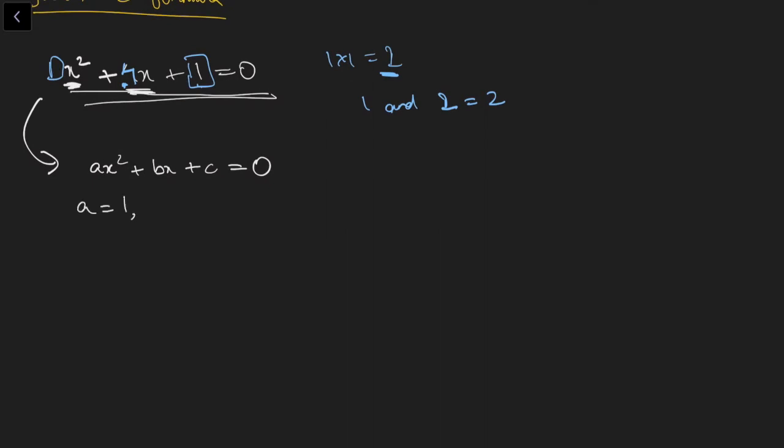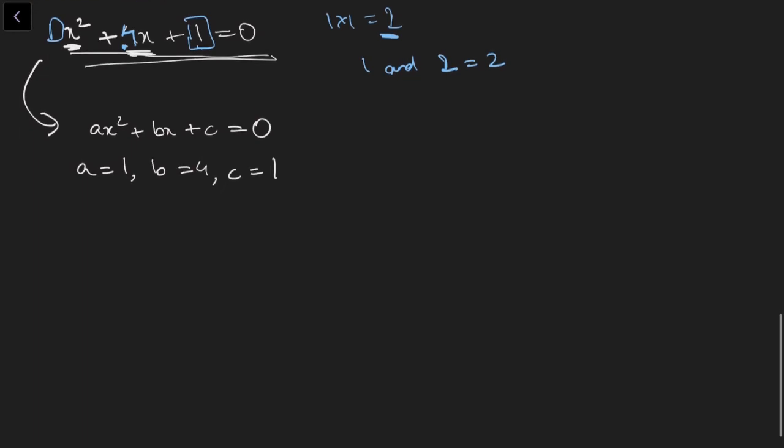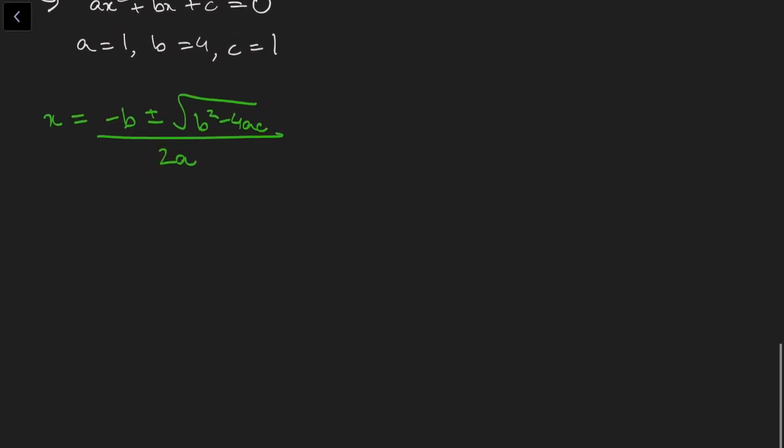And over here a is equal to 1, b is equal to 4, and c is equal to 1. Now the quadratic formula says that the values of x, the roots of x, can be written as minus b plus or minus the whole root of b square minus 4ac, the whole thing divided by 2a. And this is the quadratic formula.